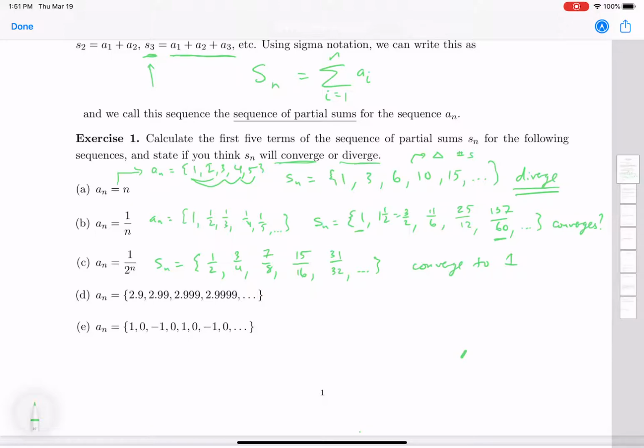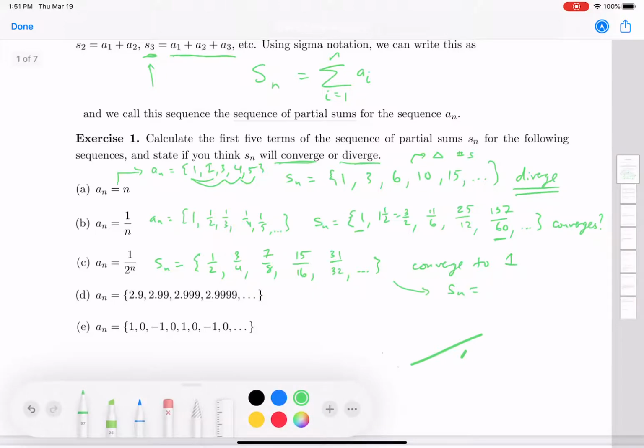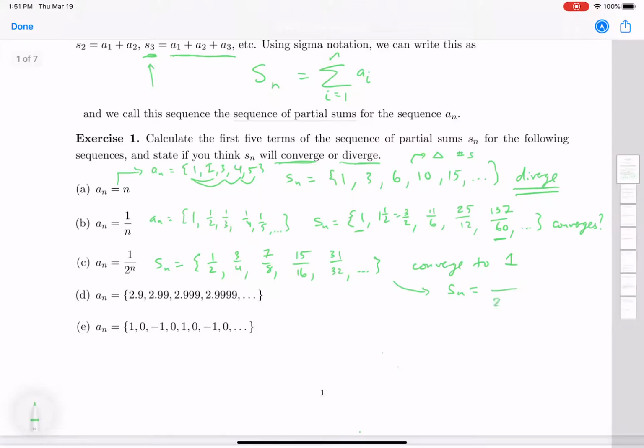Although I guess what's really going on here is this is our sequence of partial sums. We can actually do a calculation. I'm not going to do it here, but we can show that it's equal to 2 to the n over 2 to the n minus 1.